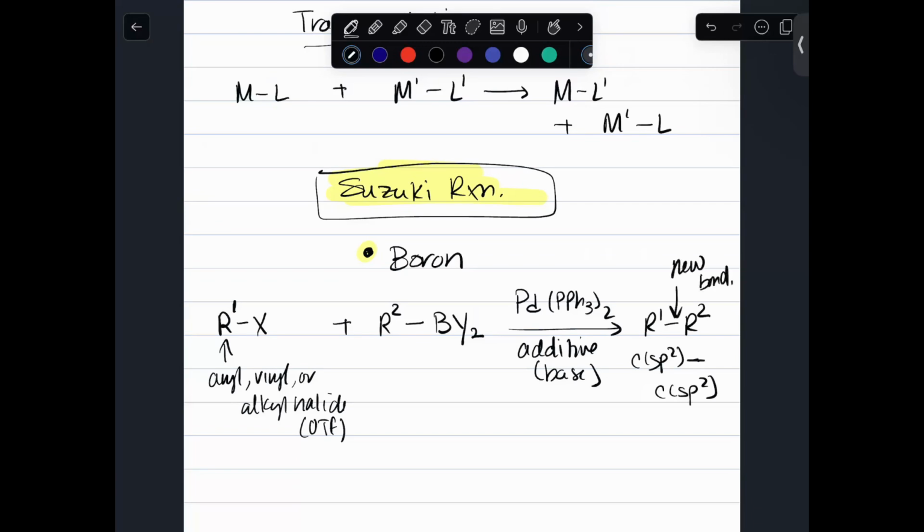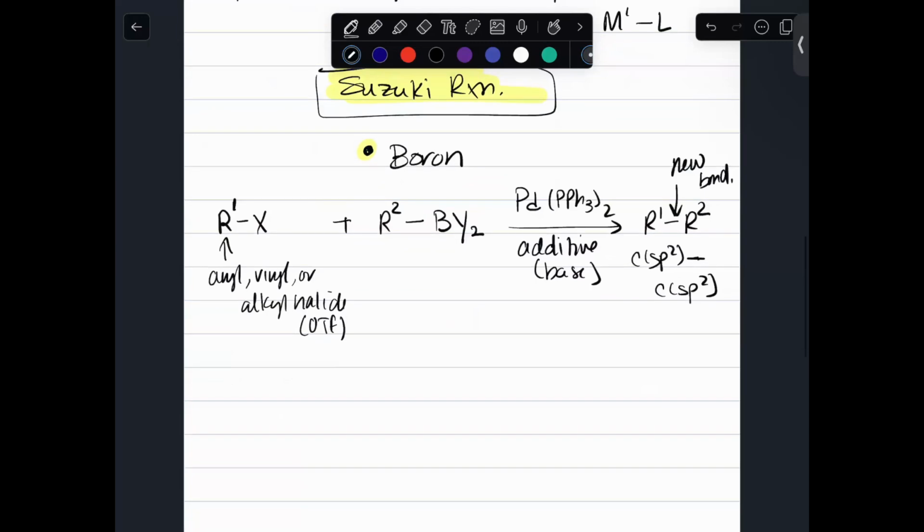Okay. So before we go into the mechanism and before I show you examples, let's talk about a couple of things. Specifically, let's talk about the boron and the additive because we've seen these before in our Heck reaction, but I specifically want to talk about our boron and that Y group.